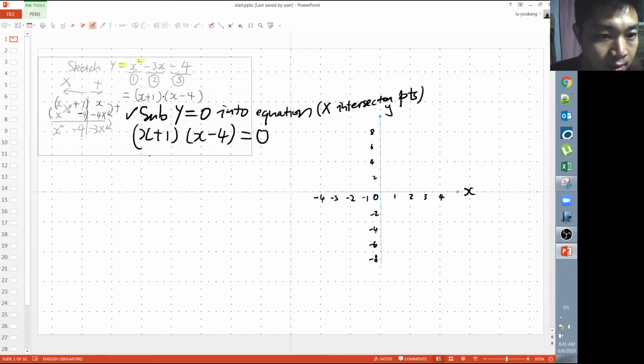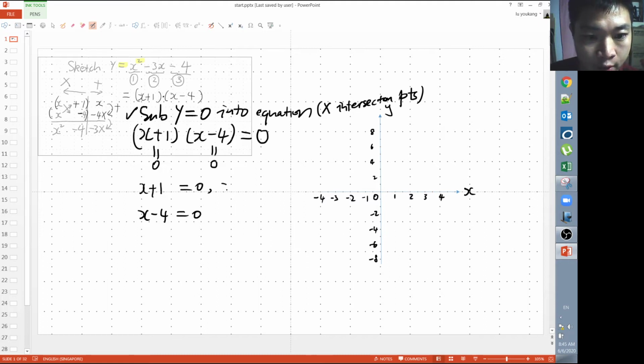So you should be able to see that x plus 1 is equal to 0, and x minus 4 is also equal to 0. Over here you get x equal to minus 1, and over here you get x equal to 4.